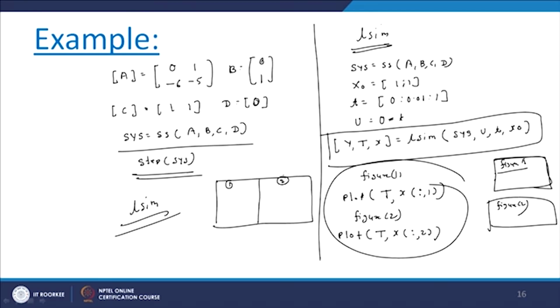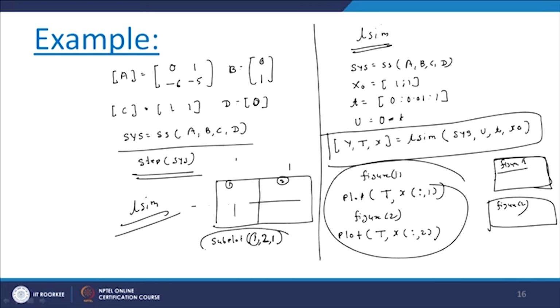In that case we can use the command subplot. If you write the command like this, subplot 1, 2, 1: here 1 indicates 1 row, 2 indicates 2 columns, and the last is the first position.